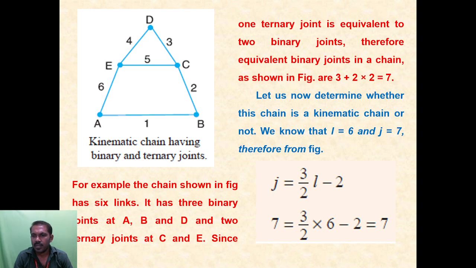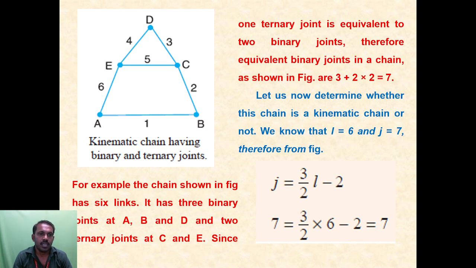We use this to find the kinematic chain. Here J, the number of joints, is 7, because A, B, D is one joint, A, B, C is one joint, so total 3. And C and D we consider two joints, since a binary and a ternary joint meet.